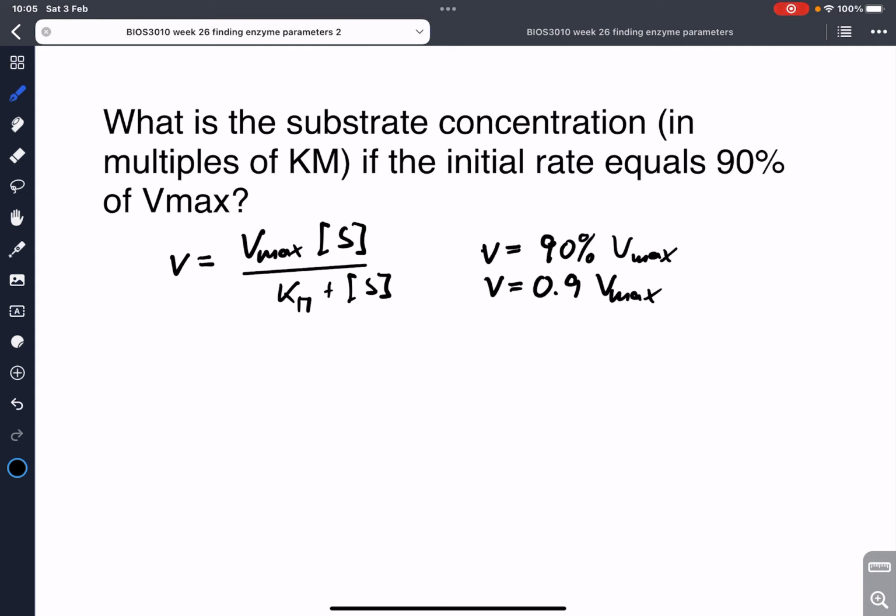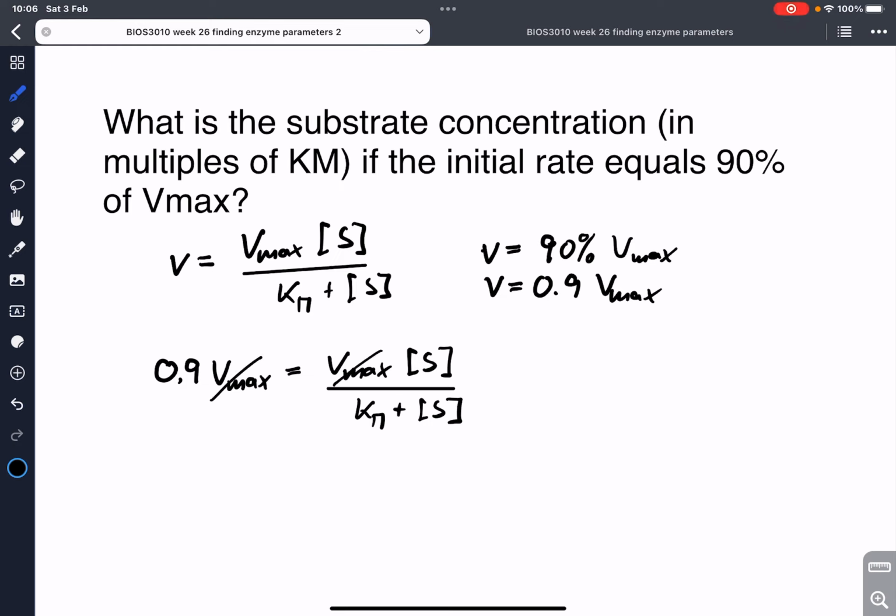So let's see how this works. Instead of V, I can write 0.9 times Vmax equals Vmax times S over Km plus S. And our Vmax cancels out.